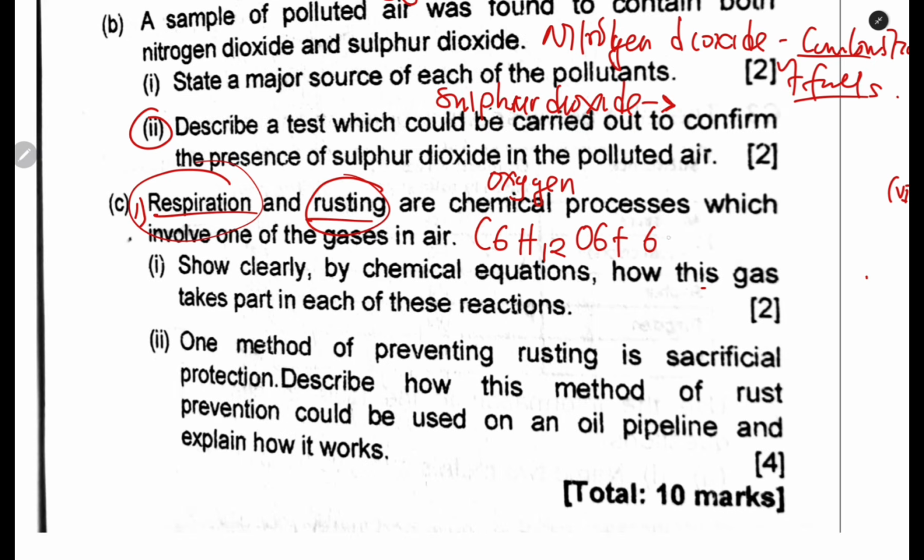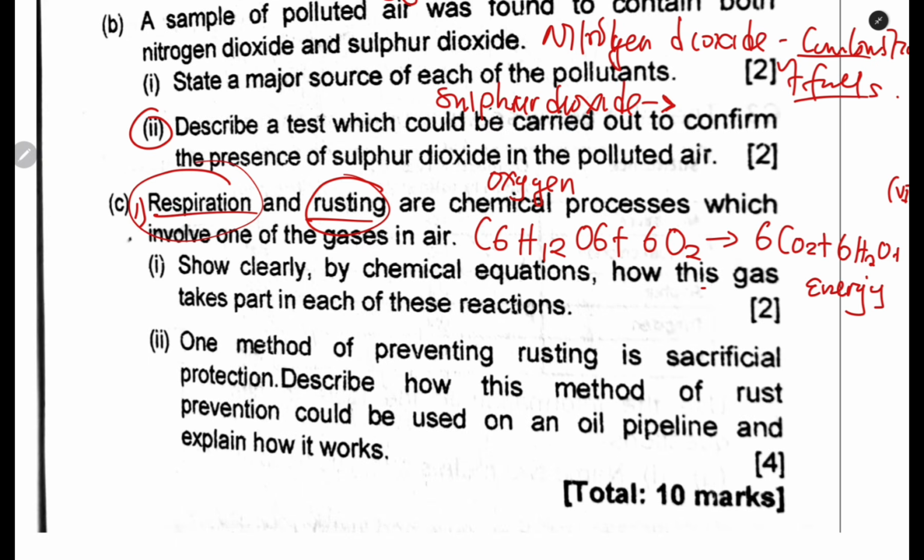Let me just write the balanced equation directly. Glucose plus oxygen produces carbon dioxide, water and energy. So carbon dioxide plus 6 water molecules, then plus energy at the end. This is the equation that you needed.